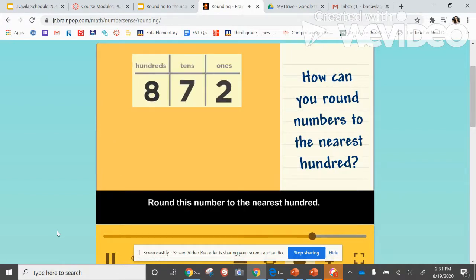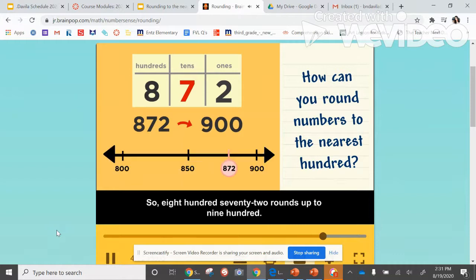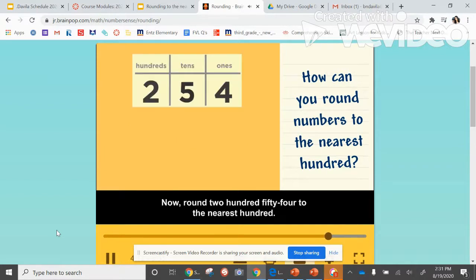Round this number to the nearest 100. Remember, look at the digit in the tens place. Since 7 is greater than 5, you round up to the nearest 100. So 872 rounds up to 900. Now round 254 to the nearest 100. First look at the digit in the tens place.